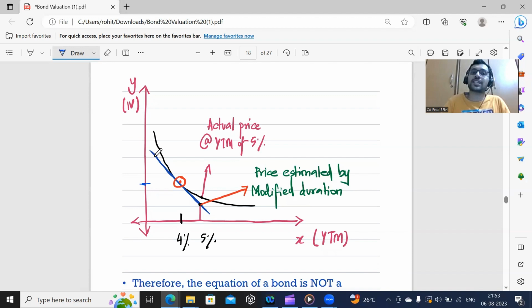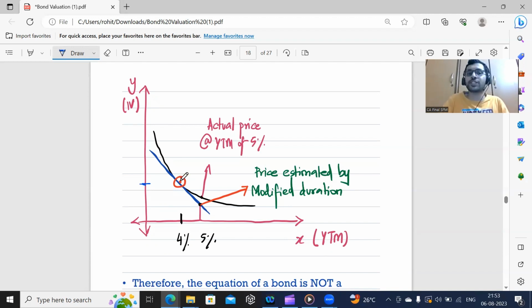Modified duration is actually drawing a straight line, and it is assuming that the bond equation is this straight line, and it's drawing a straight line such that that straight line is a tangent to the curve at the current YTM. All right, it is not a tangent at any other place. It is exactly a tangent at the current YTM of 4%.